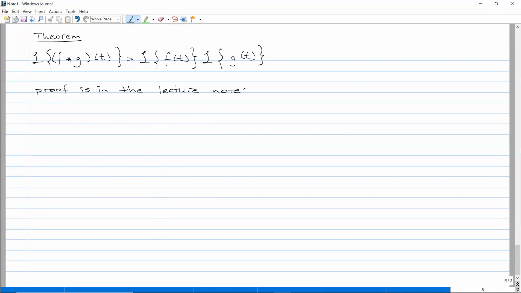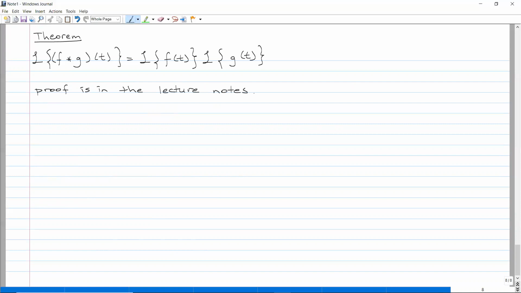If you're interested in the proof, it is not hard, but you should be able to think a little bit abstractly about double integrals, changing the order of a double integral, and so on. But it's not hard. You can see the lecture notes.